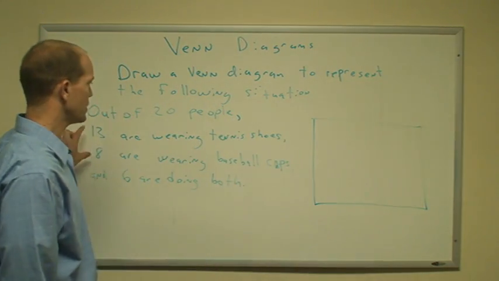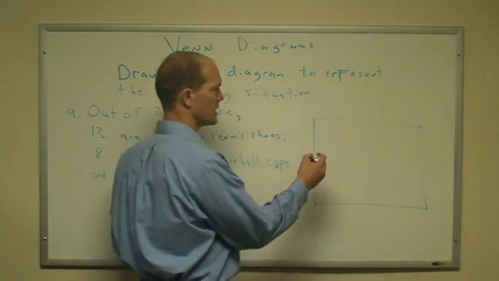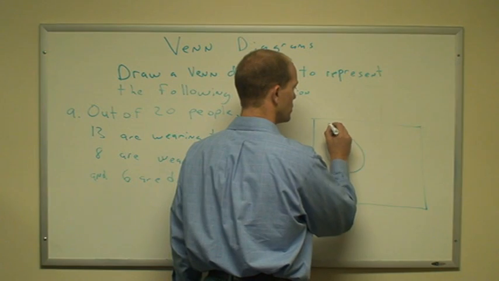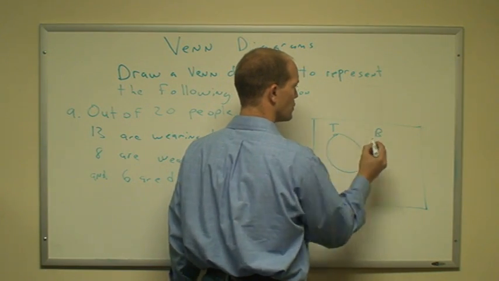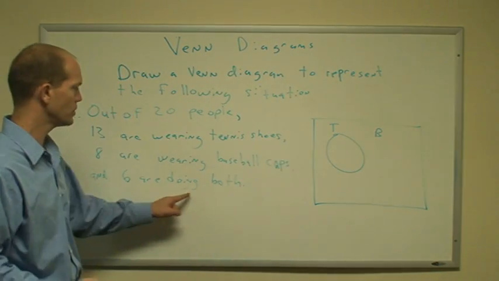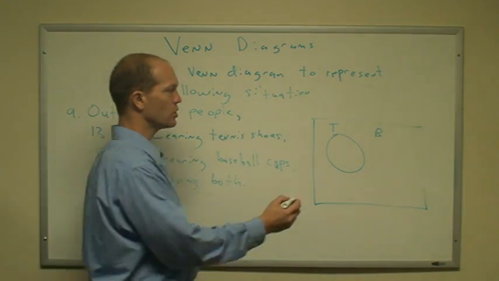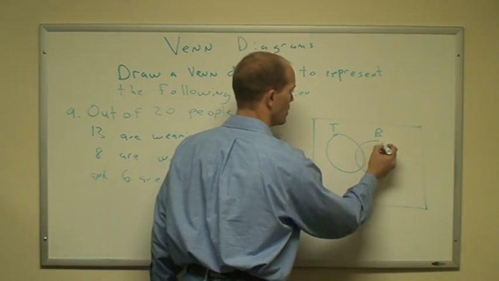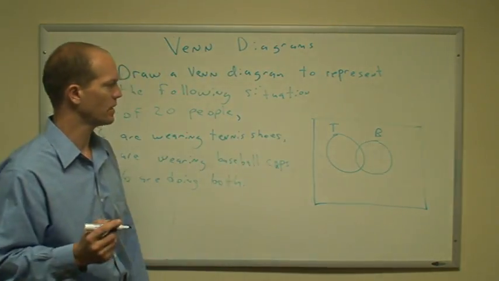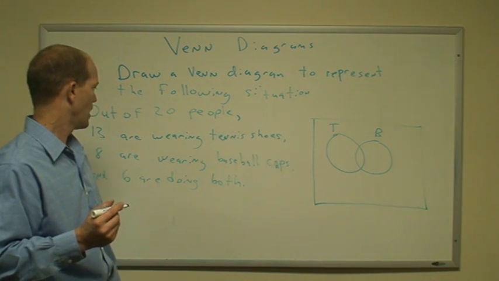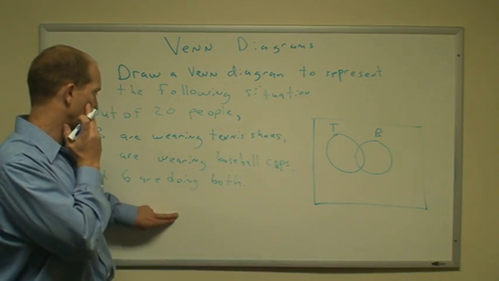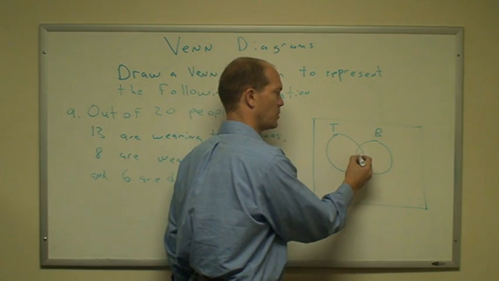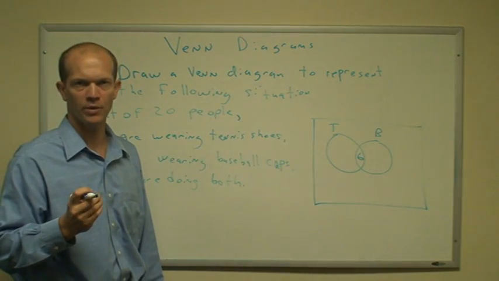We've got 2 sets. We'll call one of the sets T, those wearing tennis shoes, and one of the sets B, those wearing baseball caps. I'll note there are some people doing both, so they certainly will have an overlap. So I'm going to draw T and B together like this. When I do a problem of this sort, what I really want to start with is the 6 people doing both. I know those people are doing both.